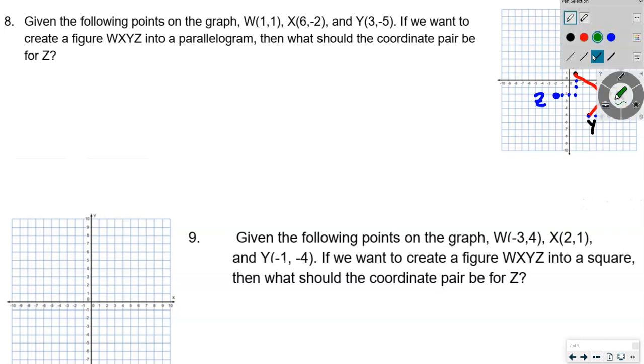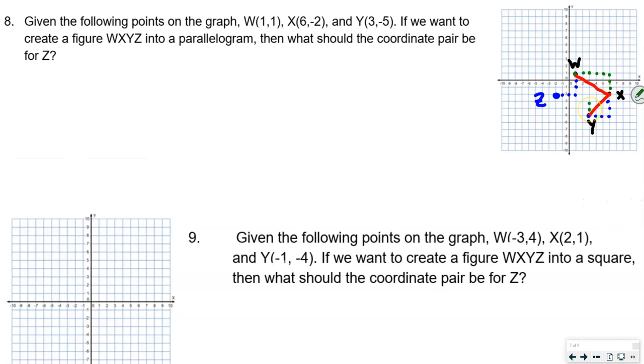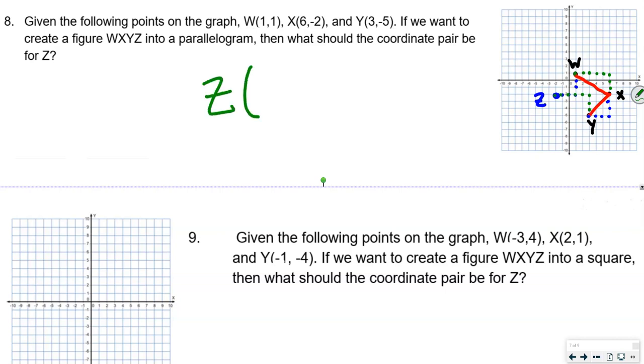So up here, now what I'm going to do is go from X to W. So I'm going up 1, 2, 3, and left 1, 2, 3, 4, 5. So I'm going to do the same thing from Y. 1, 2, 3 up, 1, 2, 3, 4, 5 left. So we verified Z 2 different ways. So our Z is going to be at -2, -2.